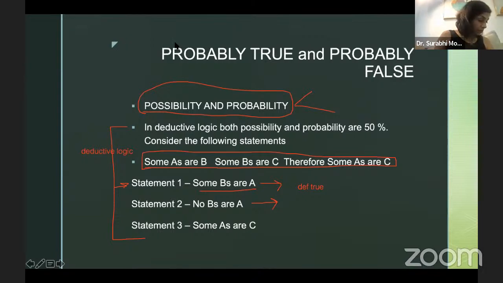Yes, again I'm getting some correct answers. This is definitely false. If some A's are B's, then some B's are A's has to be definitely true. Therefore, no B's are A's is definitely false. So in deductive logic, if something is opposing the statements, it's definitely false. If something is not opposing it, it's definitely true.